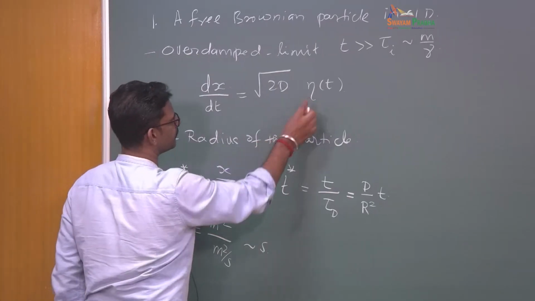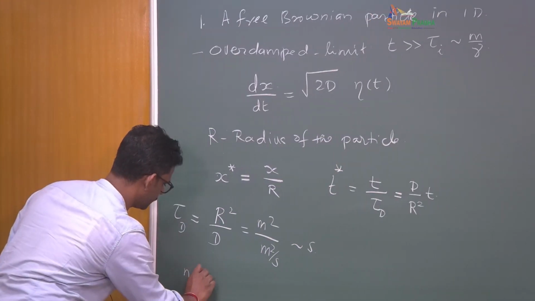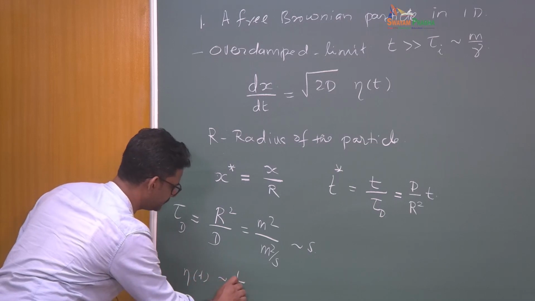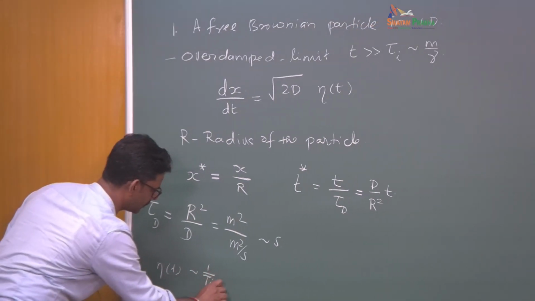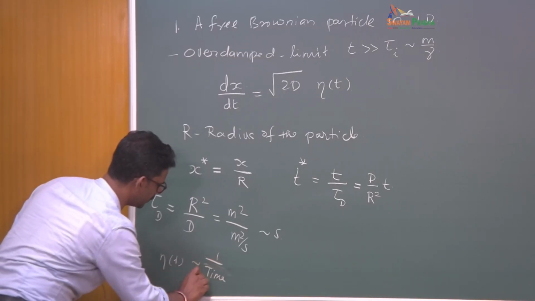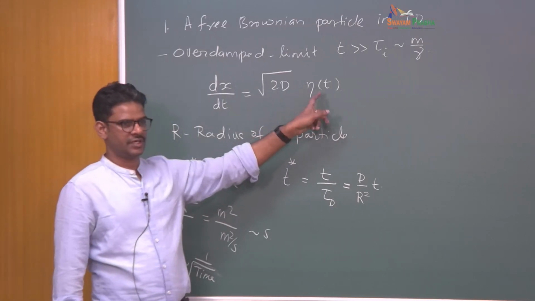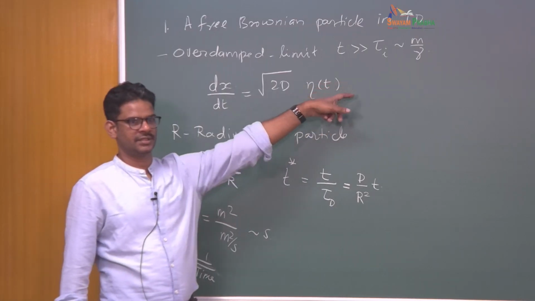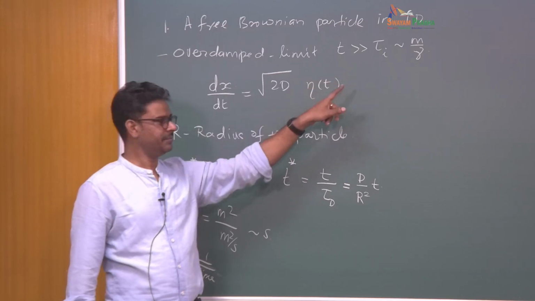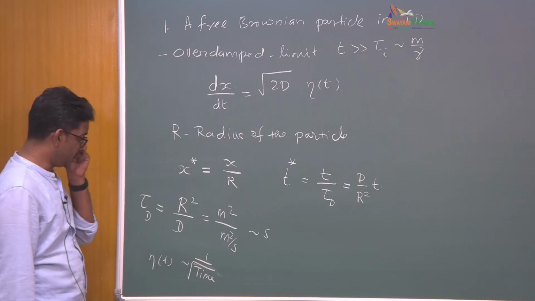And this random force will have the units of 1 by time. Actually 1 by square root of time, because the autocorrelation of this function is a delta function, so that will have 1 by time, and this will have 1 by square root of time. So this has to be also non-dimensionalized.